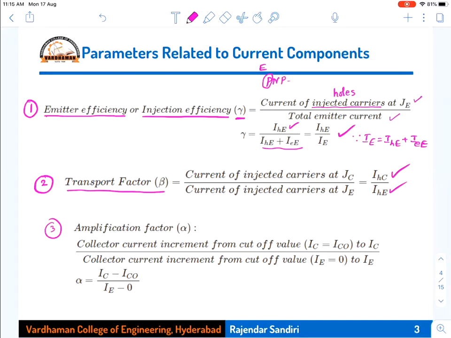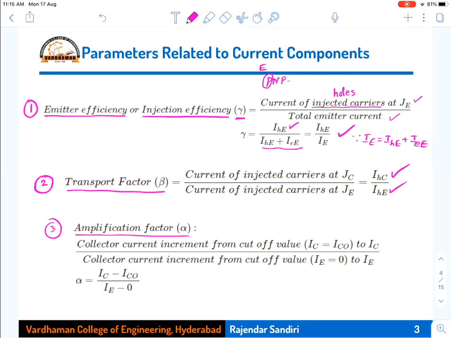Next, coming to the third parameter, which is amplification factor alpha. Amplification factor alpha is, in the collector region, what is the incremental current, and in the emitter region, what is the incremental current. So it is the emitter current increment from cutoff value to IE.